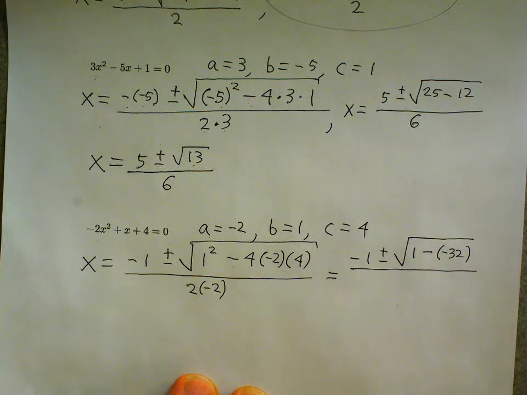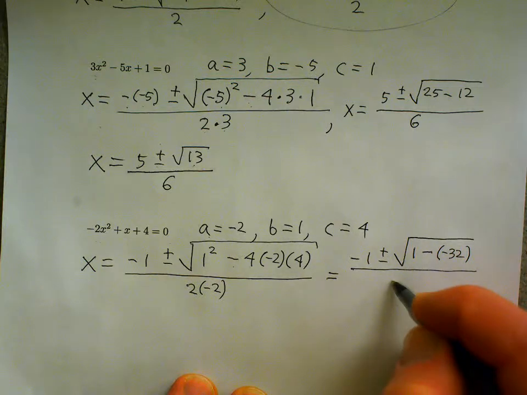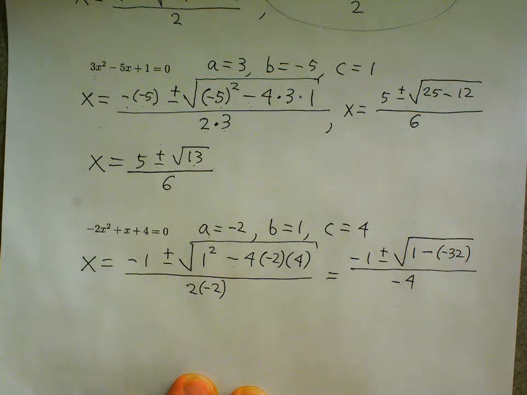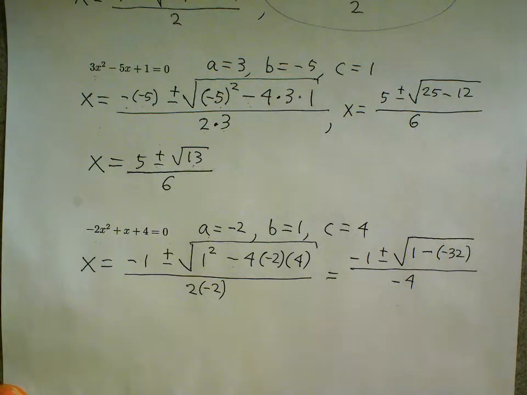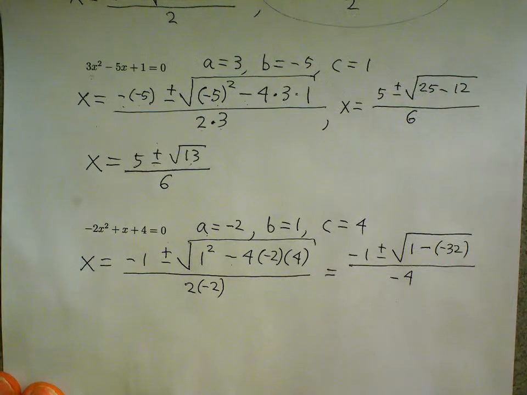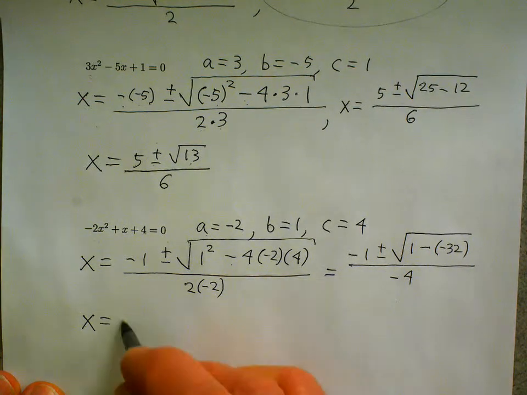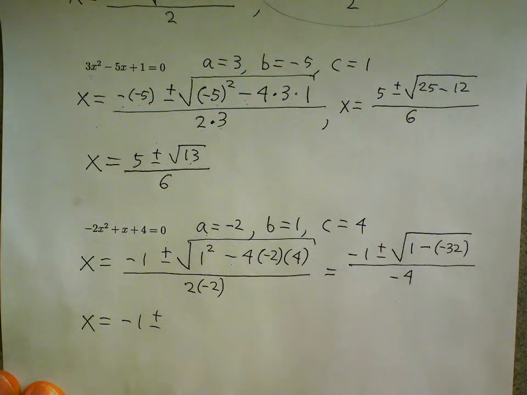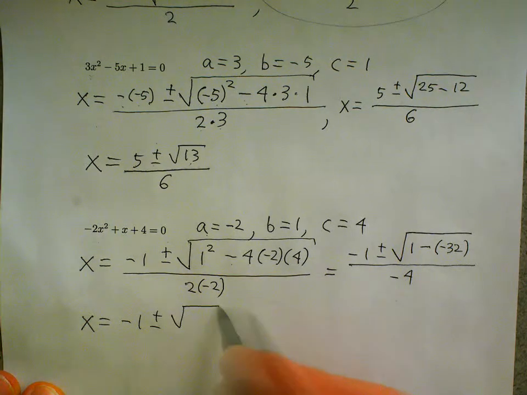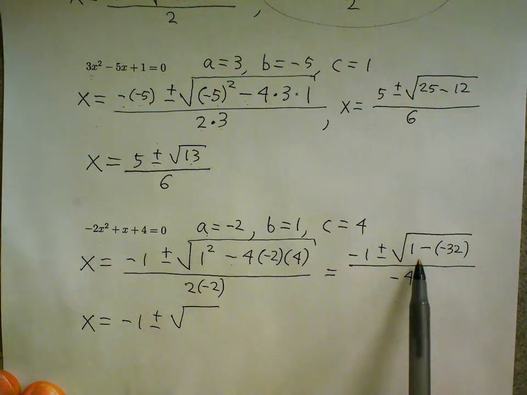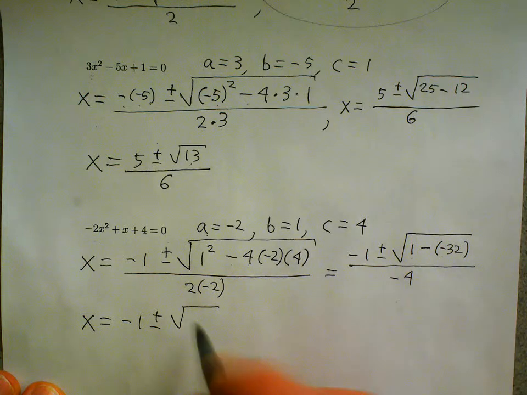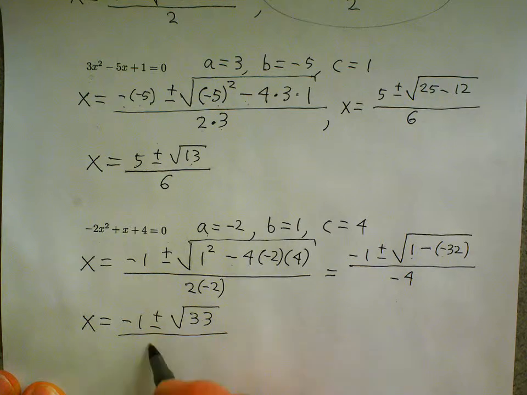And in the denominator, 2 times negative 2 is negative 4. Well, we have a couple of things left to do. X equals negative 1 plus and minus the square root of 1 minus negative 32, which is the same as 1 plus 32, which is 33, square root of 33, divided by negative 4.